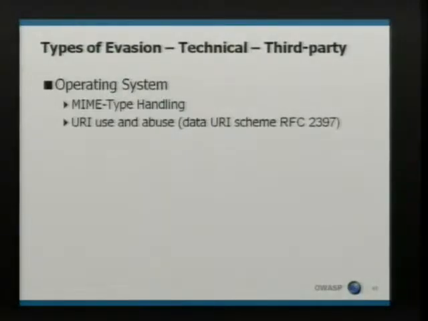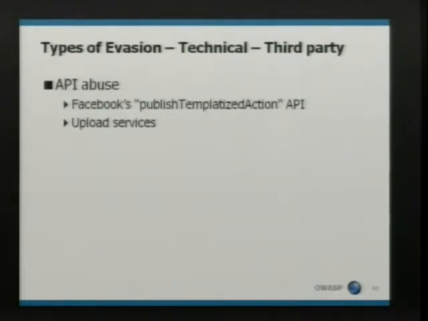We also have the operating system, which also has to deal with different kinds of MIME types, and this could be an issue. And also the URI one, especially the data URI scheme. You should keep that in mind. And we have APIs that we may expose to the public.